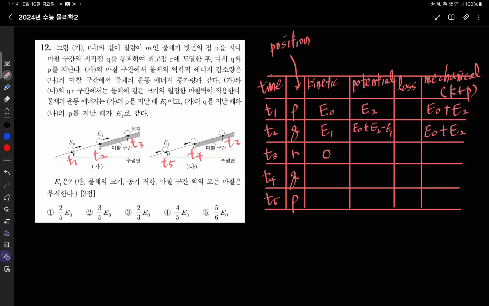And then between Q and R, there is a loss of energy, or work by friction. Let's say the amount is W. In such case, for the mechanical energy we need to subtract this loss of energy. And that's the same as potential energy, because kinetic energy is 0 at the highest point.